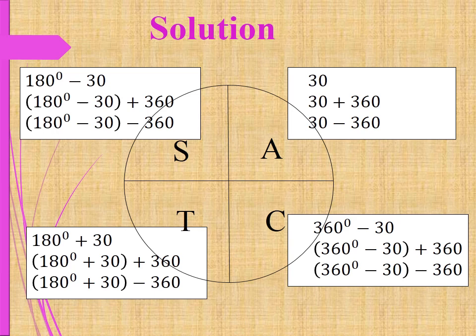In the second quadrant, we have 180 minus 30, 180 minus 30 plus 360, 180 minus 30 minus 360. In the third quadrant, we have 180 plus 30, 180 plus 30 plus 360, then 180 plus 30 minus 360. In the fourth quadrant, we have 360 minus 30, 360 minus 30 plus 360, 360 minus 30 minus 360.